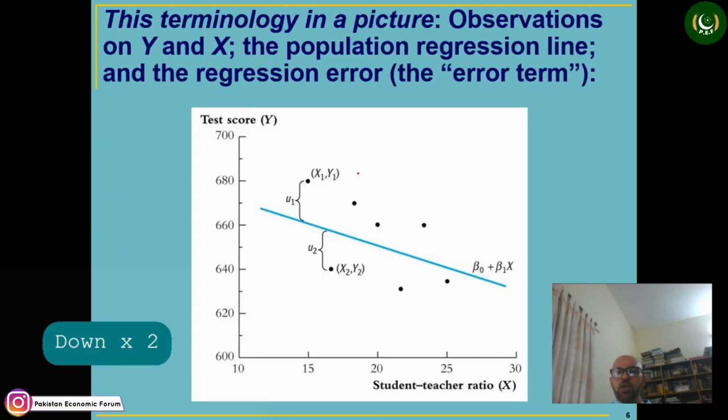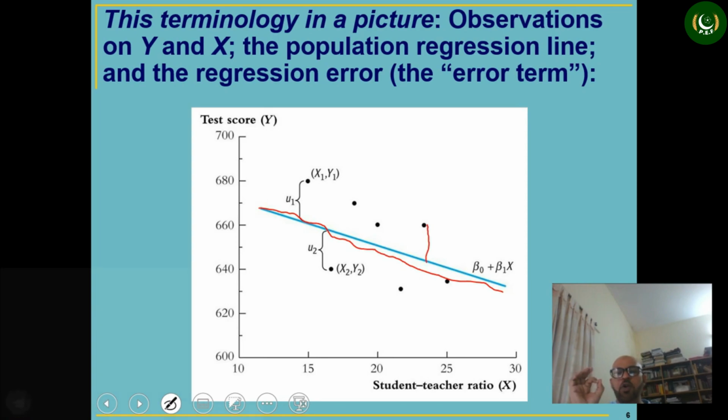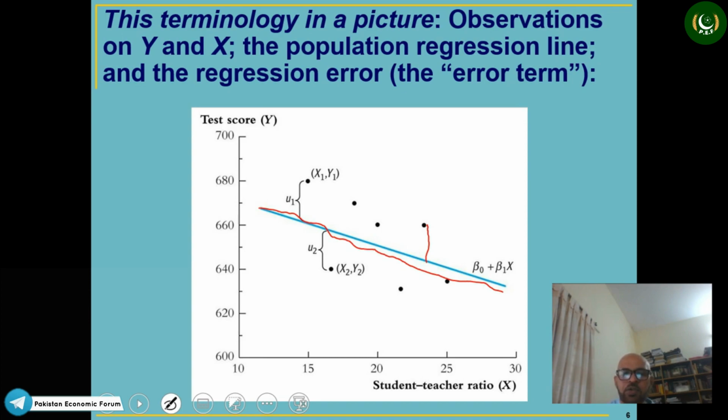So you see, this is our average regression line, and the difference between this average regression line and actual Y, these black dots being your observed Y values, is called residual, which is our error at the moment.